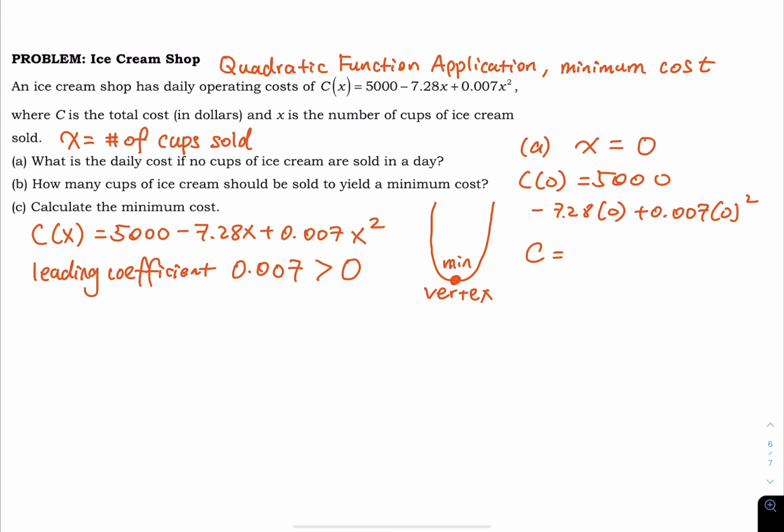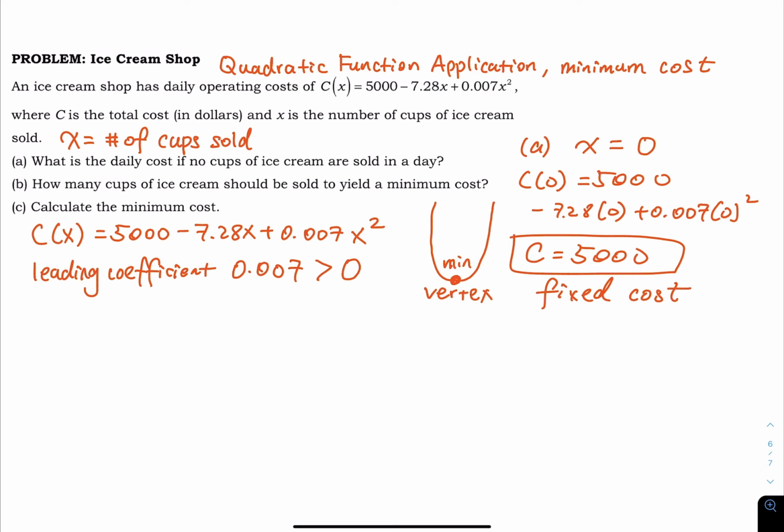Then the cost is $5,000. This is the fixed cost. A fixed cost is, for example, the rent. You rent a place to do your business, so even though you do nothing, you still have to pay the rent. You hire people to work for you, so even though you sell nothing that day, you still have to pay them. That is a fixed cost, right?